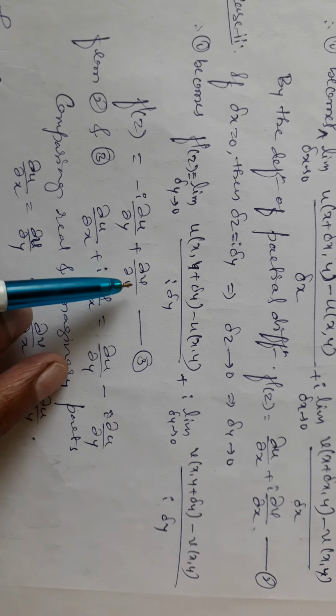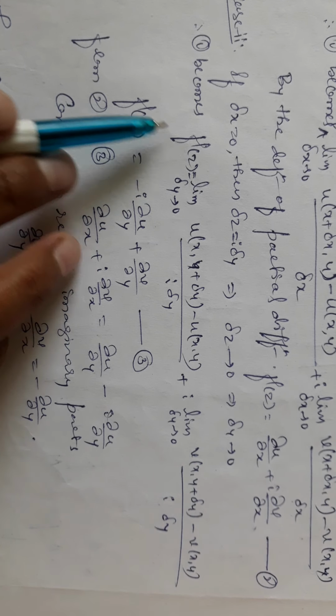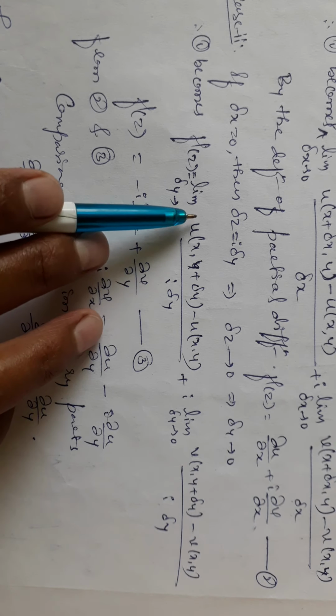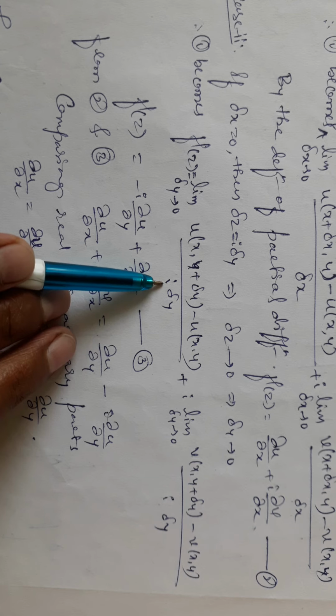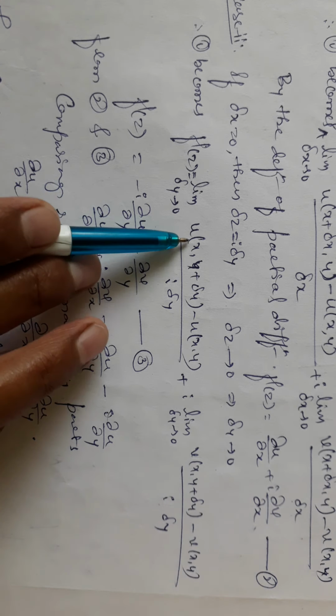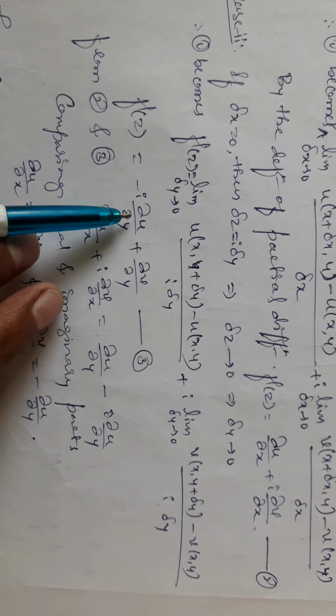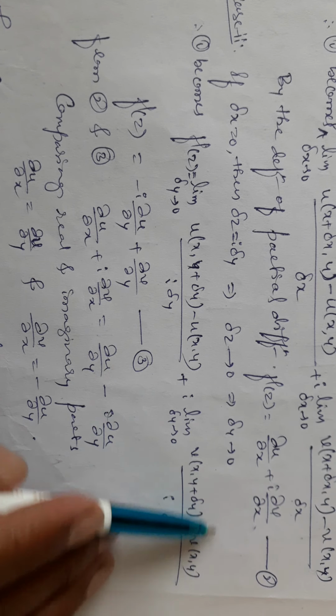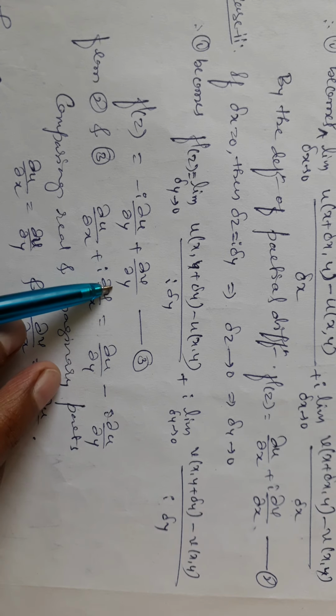By the definition of partial differentiation, we have f dash of z equal to, here I usually will not keep i in the denominator, therefore multiply and divide by i: i square, that is minus 1. So this is dou u by dou y, and the i gets cancelled, and by the definition this is dou v by dou y.